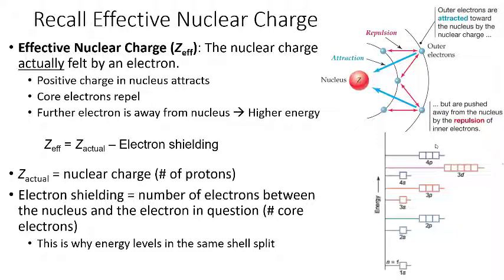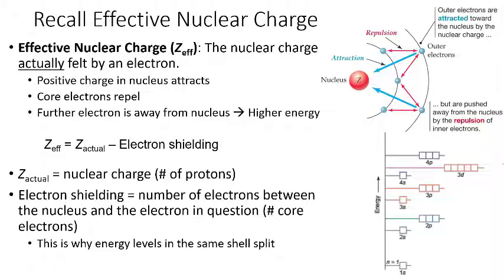Remember that this is the quantification that tells us how strong of an attraction the valence electrons feel from the nucleus. To calculate that, the effective nuclear charge is equal to the positive charge in the nucleus minus all of our core electrons, the electrons that are shielding.